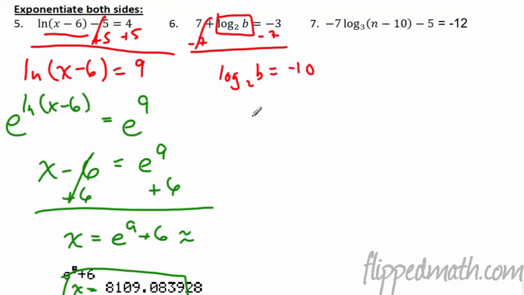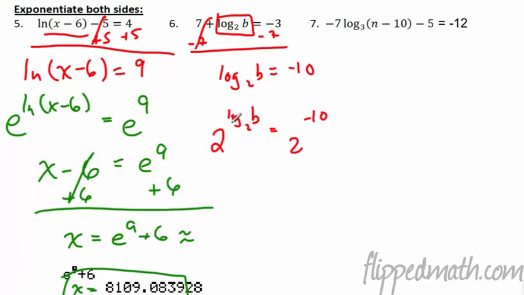There's a couple ways you can solve these. You could rewrite it as 2 to the negative 10th equals b. That's going to be a very small number. The other way you could do it is raise this as a power on 2. So 2 to the exponent I use on 2 to get b equals 2 to the negative 10.